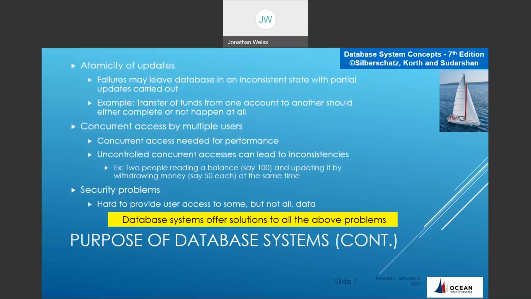Does anybody know what it's called when you do some set of operations on a database together as a unit? It's called a transaction. So we're going to learn a little bit about database transactions in this class. Transactions combine multiple operations against the database and are only successful if all of the operations are successful and unsuccessful otherwise.